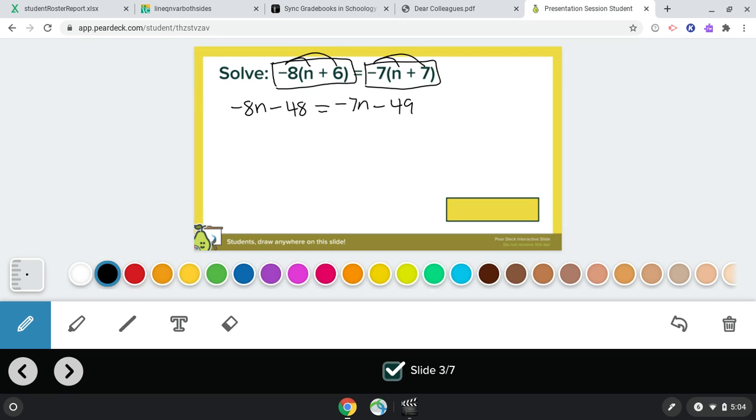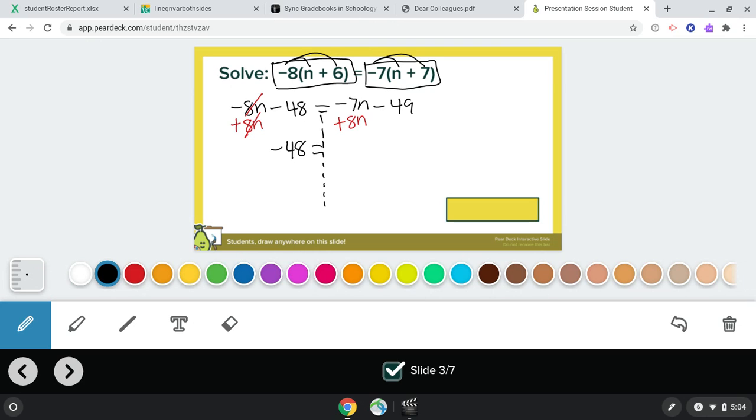On both sides. Okay, so I can go ahead and start my solving. I have a negative 8n on the left and a negative 7n on the right. So I'm going to choose to eliminate this one by doing the opposite. What you do on one side, you do to the other. On the left, I get negative 48.